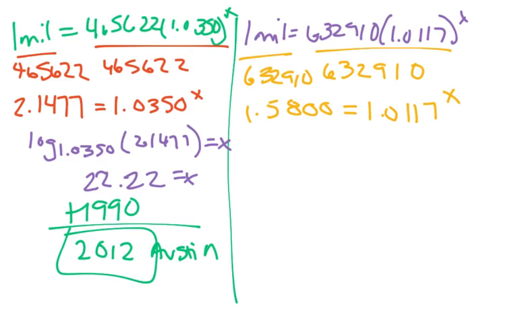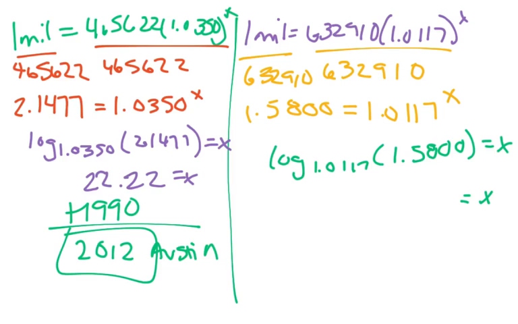And then rewrite so that we have log base 1.0117 of 1.58. And that is going to equal our number of years. So log of 1.58 over log of 1.0117. Alright, so apparently that is going to be 39.32 years plus the year of 1990.